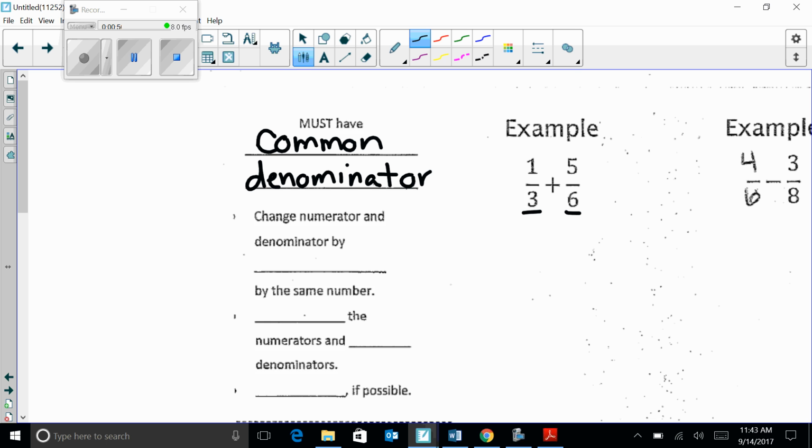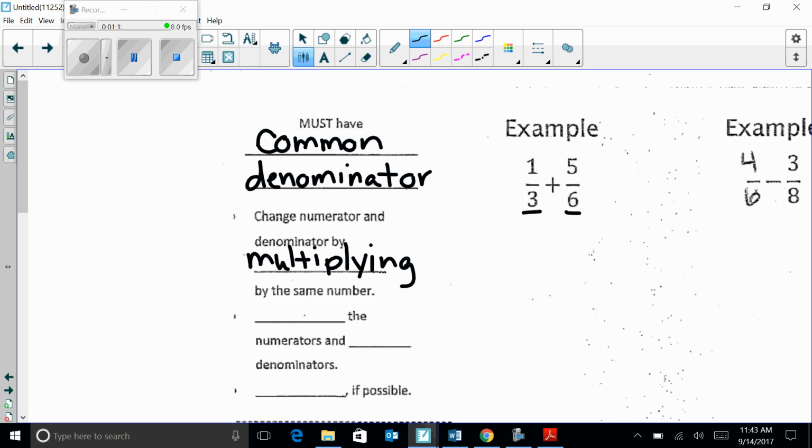So to do that, we have to change one or both of the fractions. So our next step is to change numerator and denominator by multiplying by the same number. Okay.